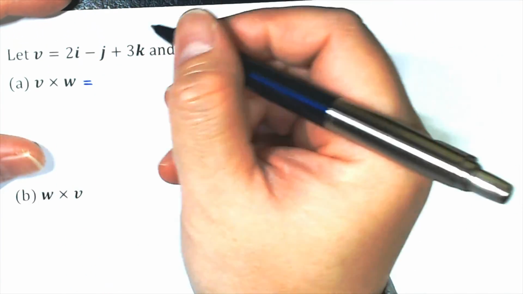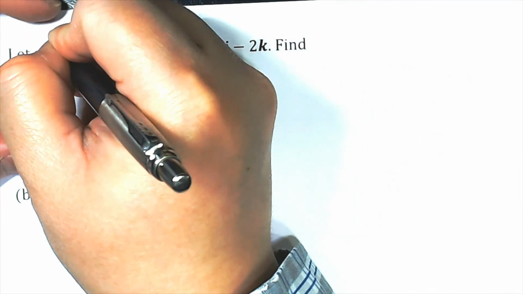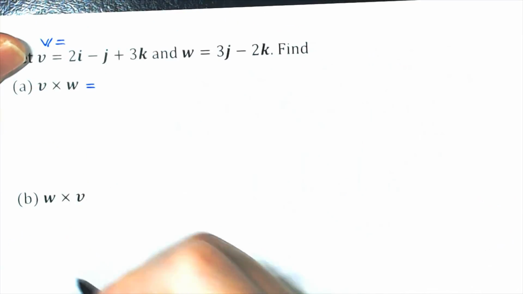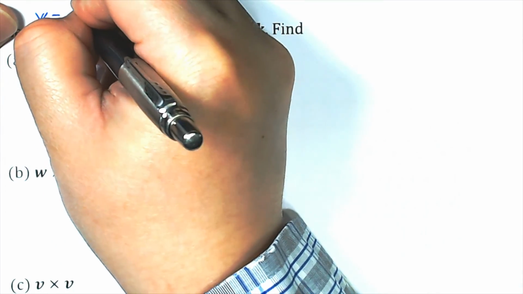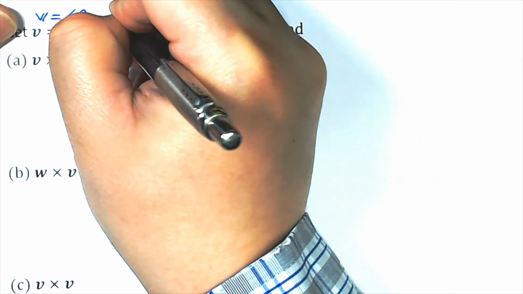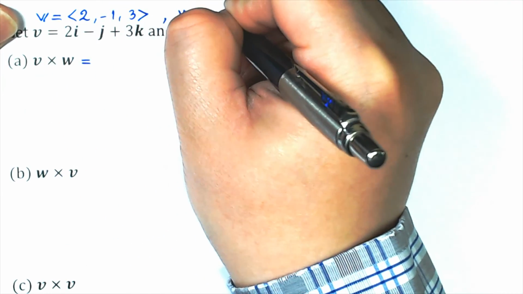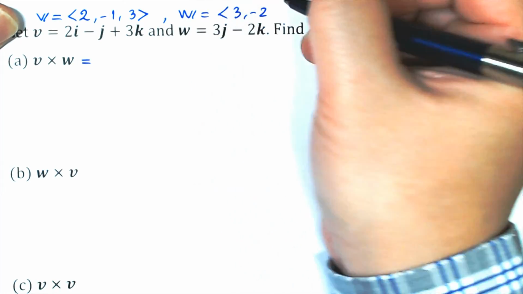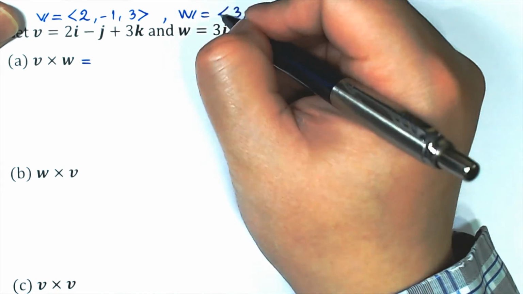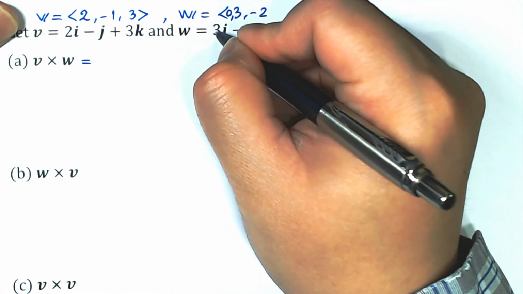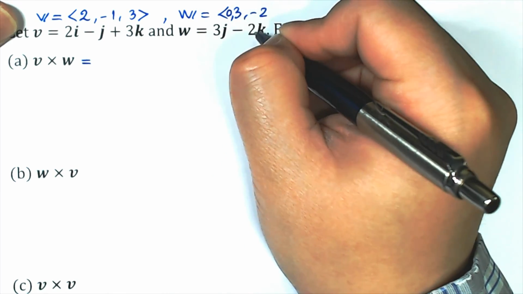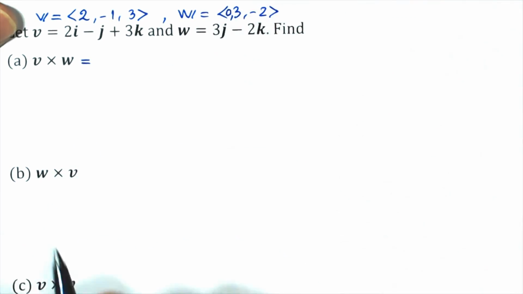So first, we can rewrite this. Vector v has 3 components: 2, negative 1, and 3. And vector w has 3 components: 0, 3, and negative 2. Of course, I forgot the 0, since there's no i, 3 for j, negative 2 for k. So that's what we have.